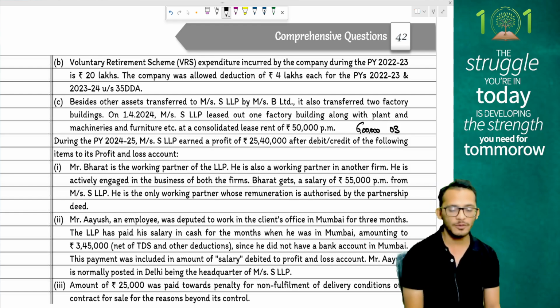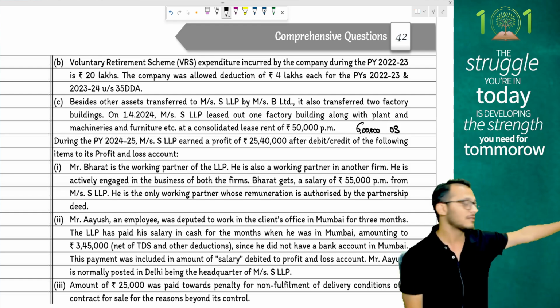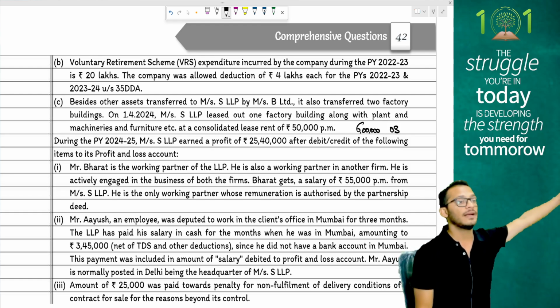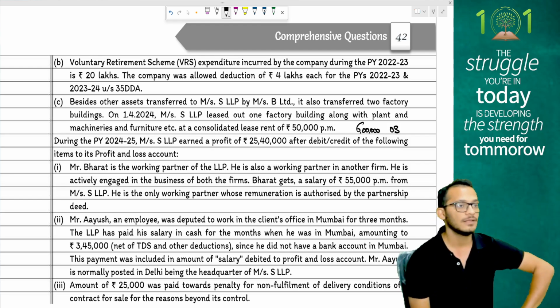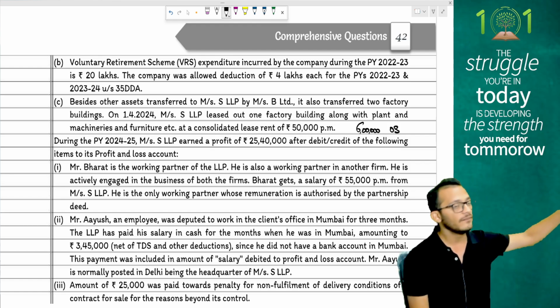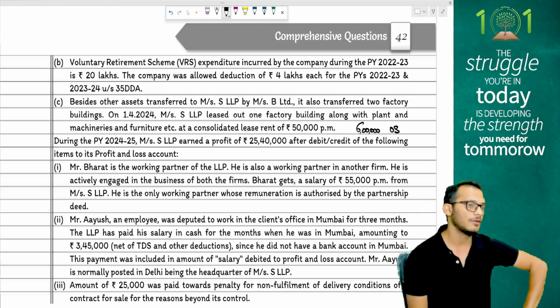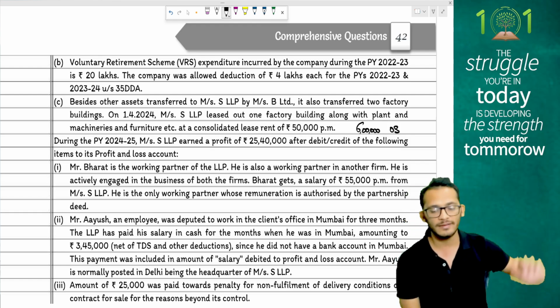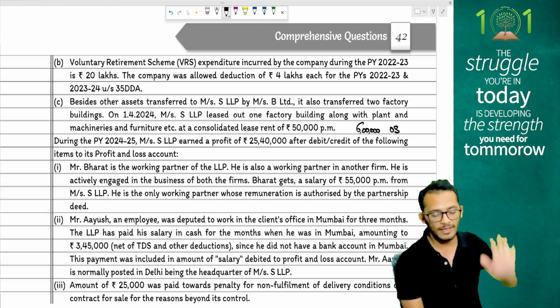During the previous year 24-25, SLLP earned a profit of 25,40,000 after debiting and crediting the following items. People, since the number is starting from here only, the rent which is showing on the top is not part of P&L. You don't take that into consideration. VRS is also not part of P&L, which means you have to claim it now. So 25,40,000 less, you'll have to do nothing for OS but remove 4 lakhs.